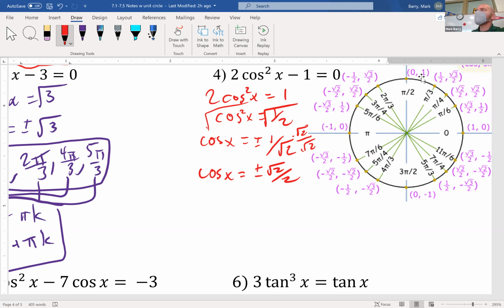Since this is plus or minus, once again, we're going to find 4 answers, one answer in each quadrant. The first answer will be pi over 4. We see the cosine value there is rad 2 over 2. The next answer I would say is 3 pi over 4. The cosine value there is negative rad 2 over 2, but since we have that plus or minus, the negative is okay with us.